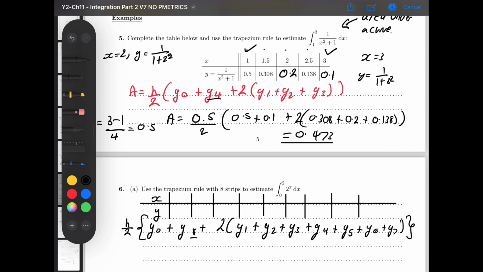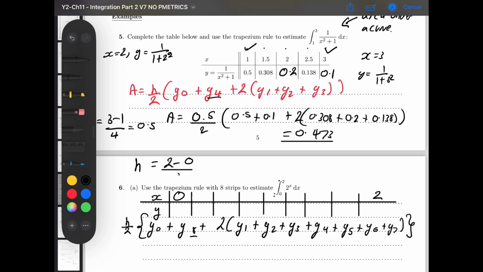Our starting value is x equals 0, and our finishing value will be x equals 2. There are 8 strips in total, so to work out the width h of one of those rectangles, it's the total x distance, which is 2 minus 0, divided by the number of trapeziums, which is 8. 2 over 8 equals 0.25.